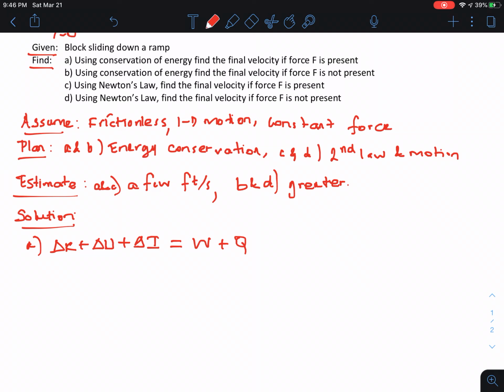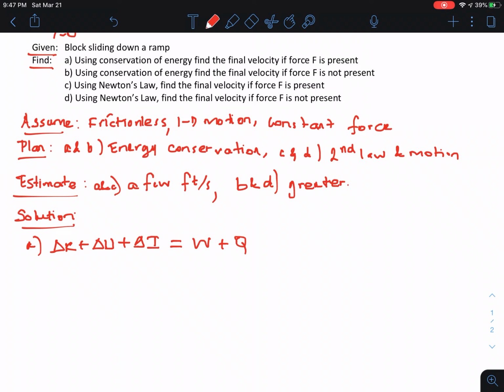It's a little different than the equation sheet. In the equation sheet, the kinetic energy is split, potential energy is split, and internal energy is split. Now we're not splitting them, because we don't know much about them yet. We're just starting, so we're putting them all together this way. And the next thing is to simplify this.